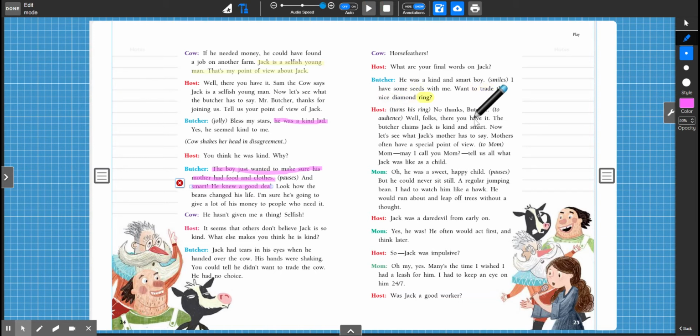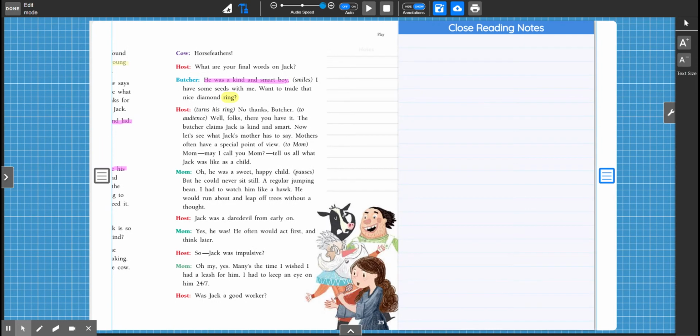Okay, so the butcher continues to tell them about how Jack is kind and smart. So we should probably highlight this in that same color that you did for the butcher earlier. Mine was pink. And then the cow is still saying that Jack is selfish, right?